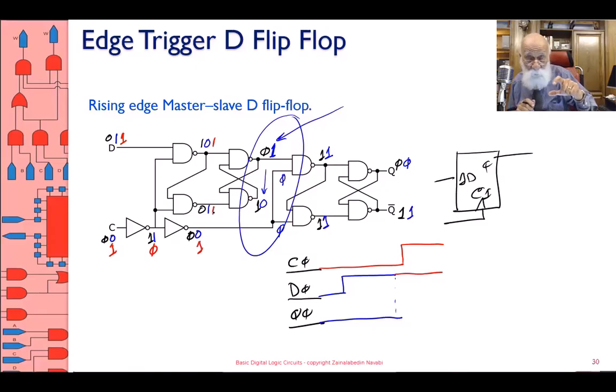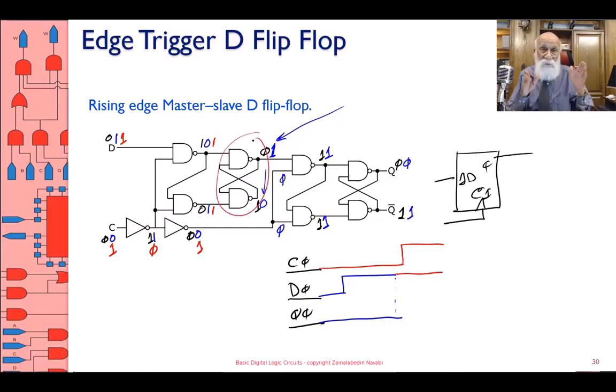Now, the two ones, the two red ones, keep the cross-coupled NAND outputs the same. Okay, that means even though clock made the transition from 0 to 1, these two remain the same. The master remains the same. Nothing happens. Actually, what happens is from this point on, my clock is 1.